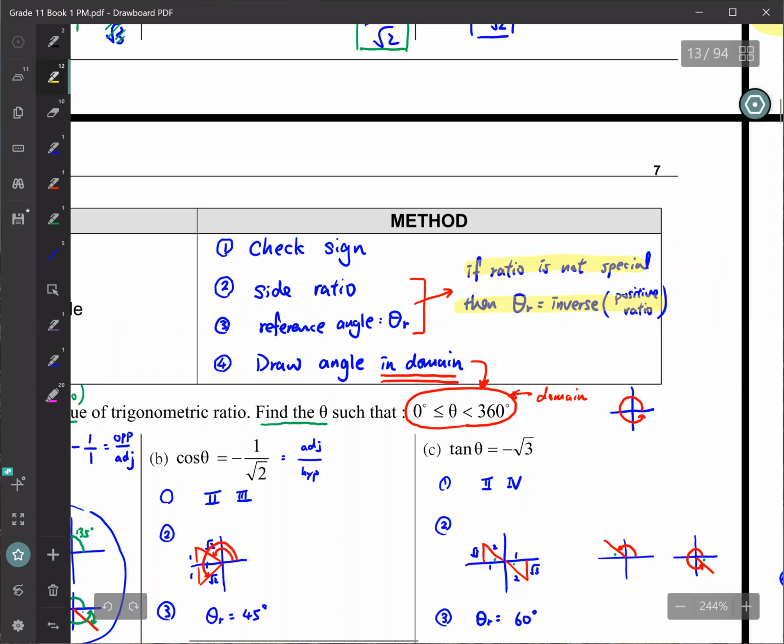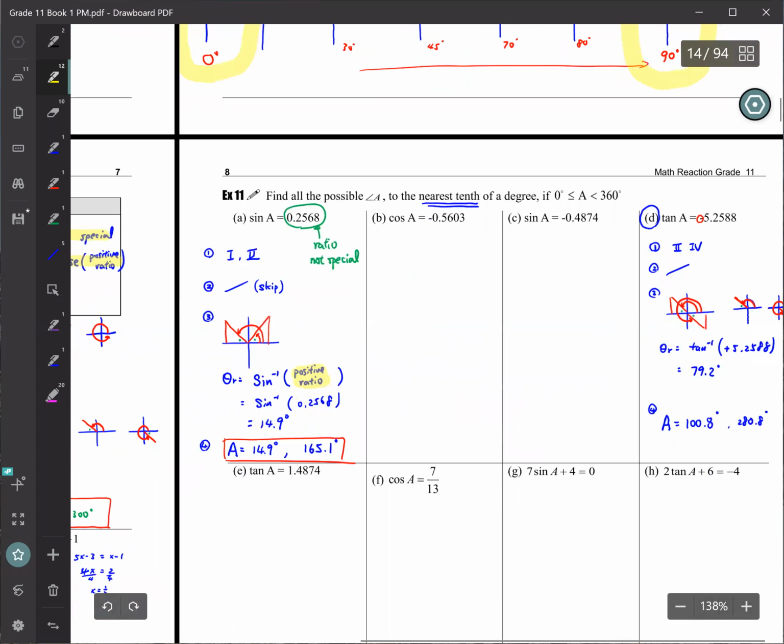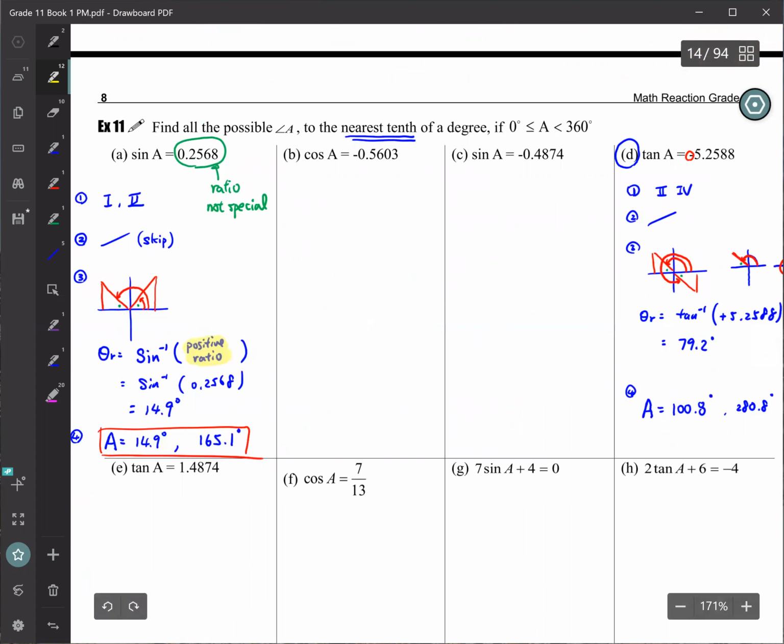Okay, so we have tried the sine and tangent. Let's do a cosine question, and I'll let you guys finish off there. So let's do question B. This time I'll let you do it all on your own. Finish steps 1, 2, 3, 4, and I'll wait till everyone's finished and then we'll go over.